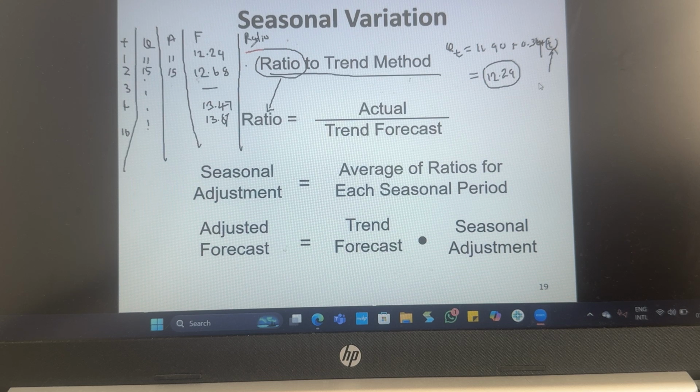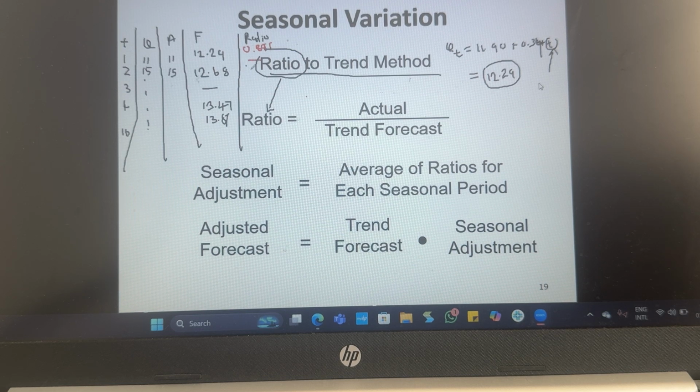And tell me after dividing this one. Eleven divided by 12.29, how much? 0.895.